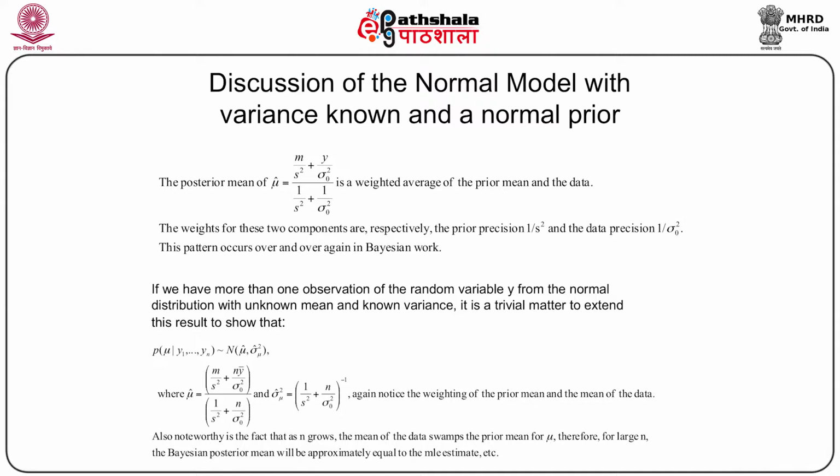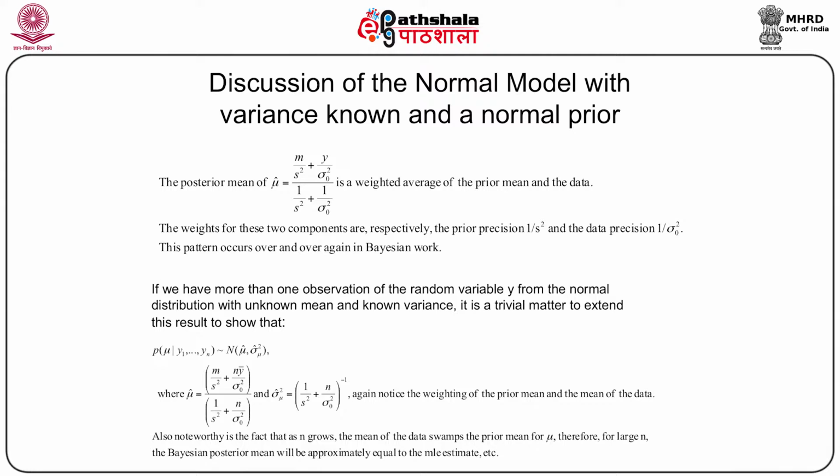Clearly, we can see that it's a weighted average of the prior mean and the data. So it's very important for you to remember that the posterior mean of mu, which is mu hat, is nothing but the weighted average of the prior mean and the data.